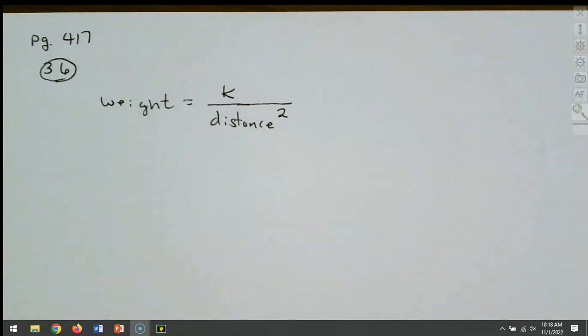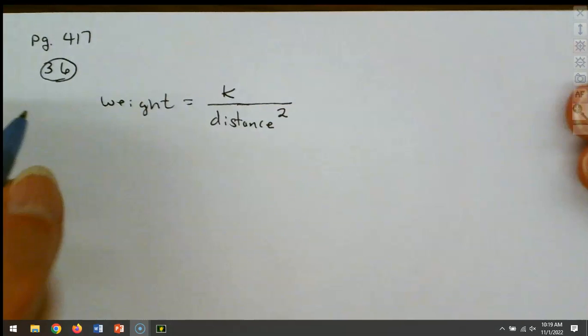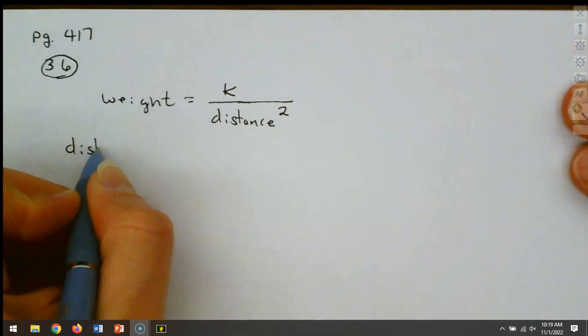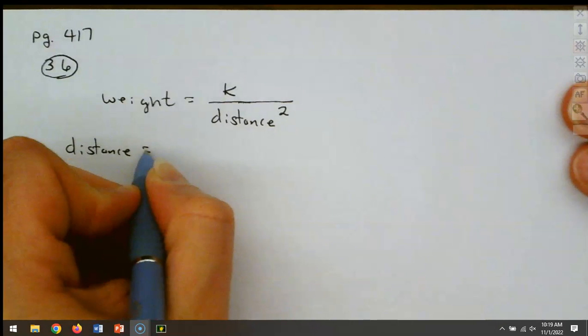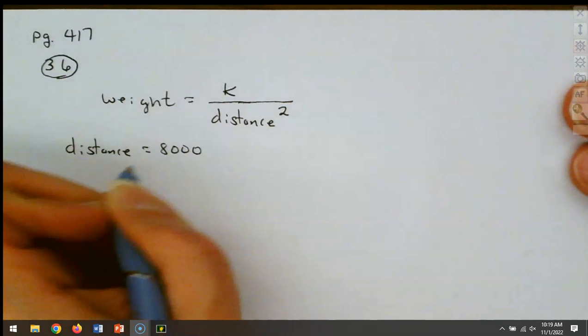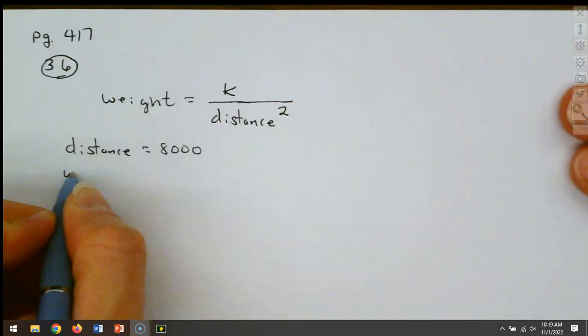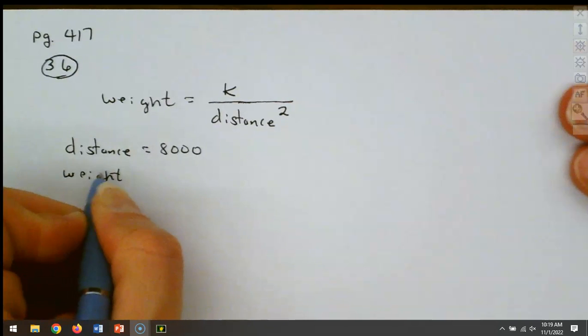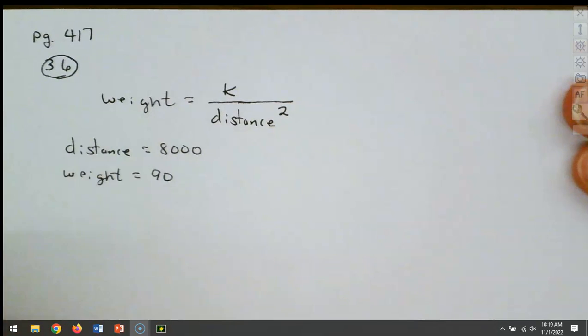Now, what do we know? The distance from the center of the Earth. If the object is 8,000 miles from the center, it weighs 90 pounds. So that distance is going to be 8,000. Okay? And the weight is 90.